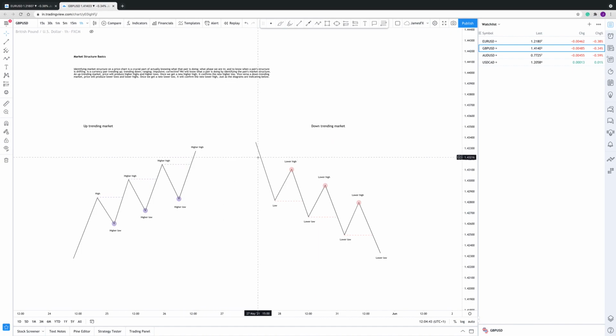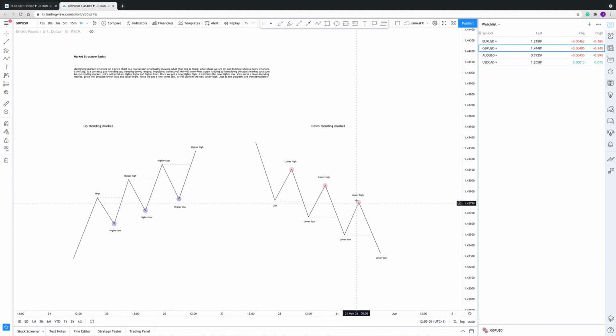So we will get a low, a pullback, and this lower high is not confirmed until price breaks this low here. So we get a break below, which confirms the lower high, lower low, pullback, lower low, confirming the lower high.